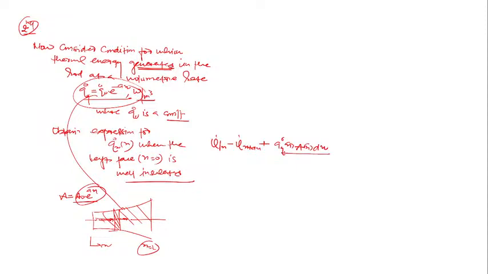Because it's volumetric generation, qg into dV, and volume is area at that x into dx. Tell me, the volume of this differential element over which we are making a balance is equal to 0 because it's steady state. Any problem?